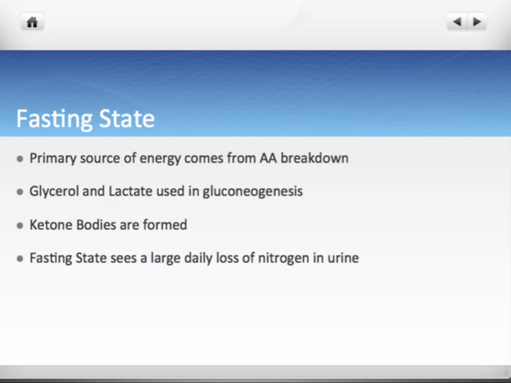If you guys remember from our activity on Wednesday, when we have a lot of excess protein in our blood that we need to excrete, we're going to see a lot more of the urea cycle enzymes induced. And so what that's actually going to lead to is we're going to lose a lot of nitrogen in our urine. So that's just kind of how that plays into the whole thing there.